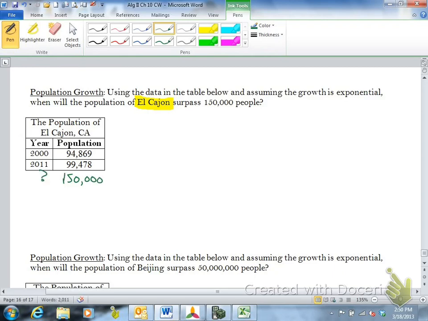So to do this, it's different than the ones we've done so far in class. We can't use those first two formulas that I gave you. We're actually going to use a formula from way back in the first lesson, exponential growth. An exponential growth function is y equals a b raised to the x. So we have to use this function, and we have to figure out what b equals.